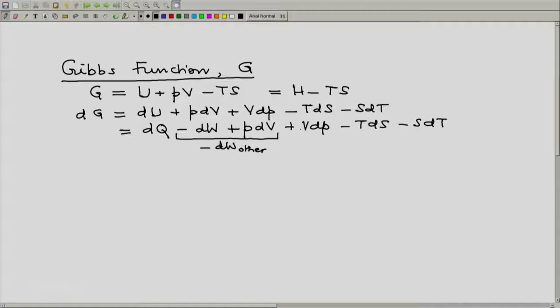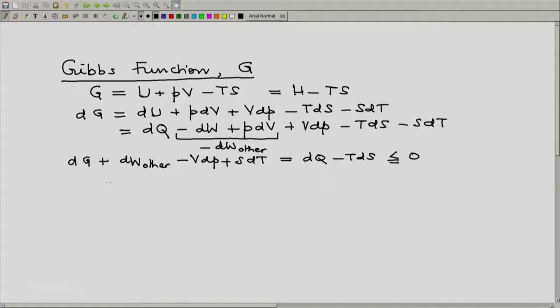And now when we transpose terms, you will get dG plus dW other minus VdP plus SdT equal to dQ minus TdS, which from the second law of thermodynamics is less than or equal to 0.